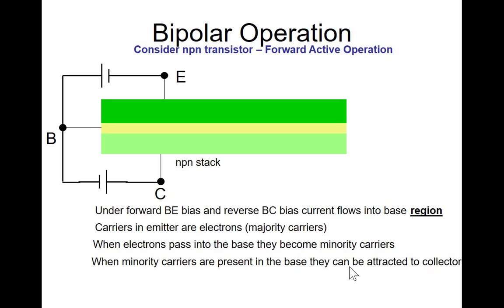It's reverse biased. If you reverse bias a junction, you're trying to inhibit current flow. So we're trying to force current flow in the base emitter junction, and we're trying to inhibit current flow in the base collector junction.